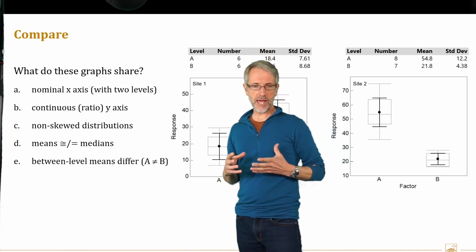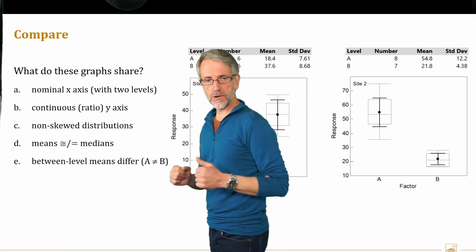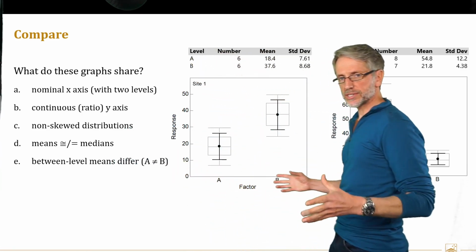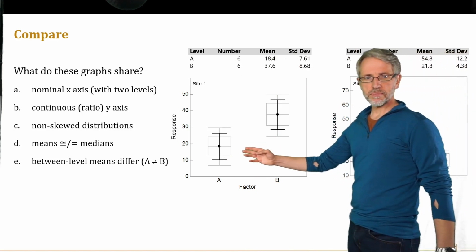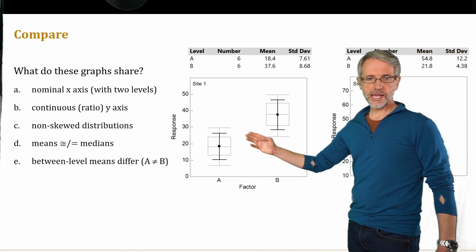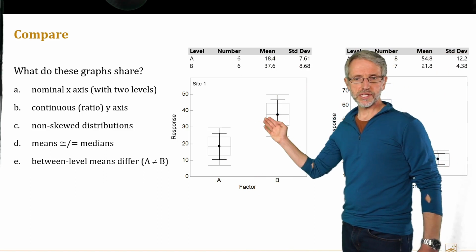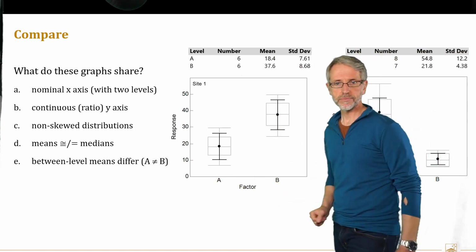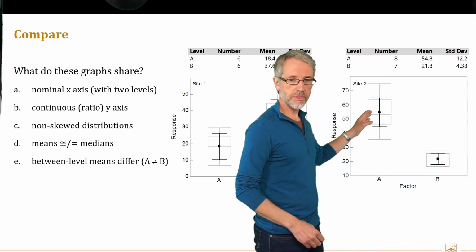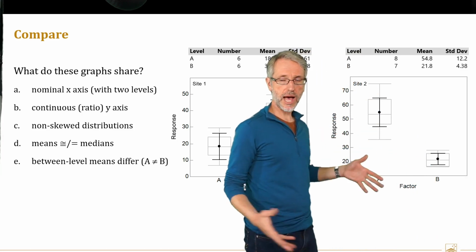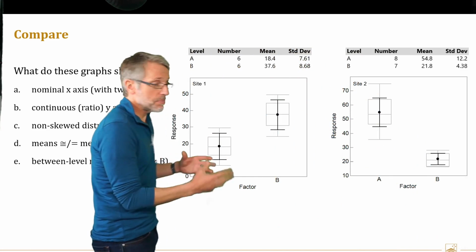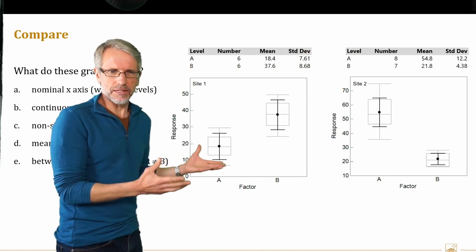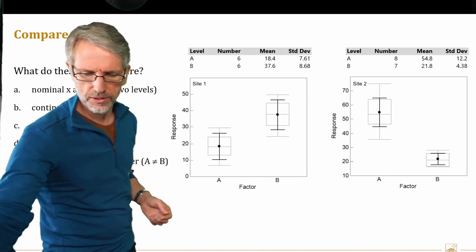Let's have a look at these two graphs again. First, let's look at the obvious thing that strikes us when we look at these two graphs. You can see that the mean between A and B, those two means differ. Well, the same is true here. The means differ between A and B. All right, so that A and B differ, that's a common element between these two figures.